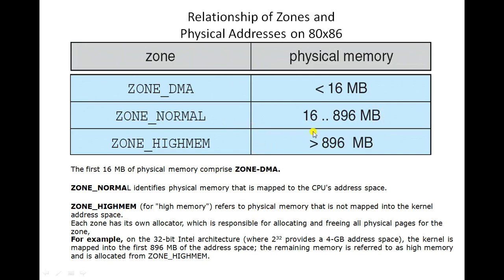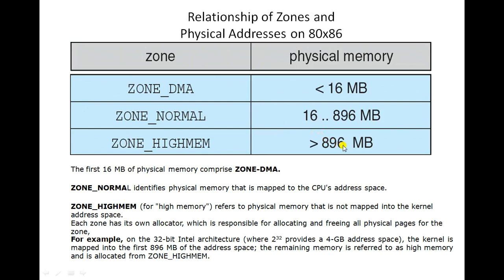So here it will be from 16 MB to 896 MB. It is called the normal zone. So the normal zone is basically physical memory that is mapped to the CPU address space, from 16 MB up to 896 MB. Less than 16 MB is called the direct memory access zone, the DMA zone.